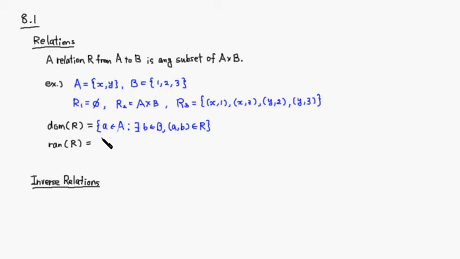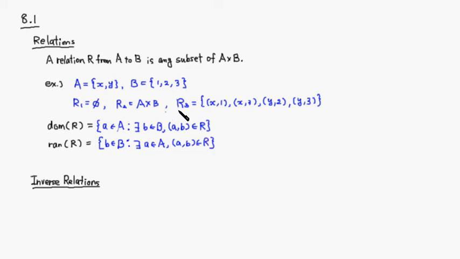Range is going to be a collection of the second elements, so it's a collection of b from set B, such that there exists some a from set A, so that (a, b), a is related to b, by this relation.